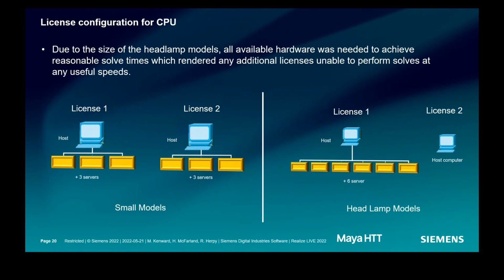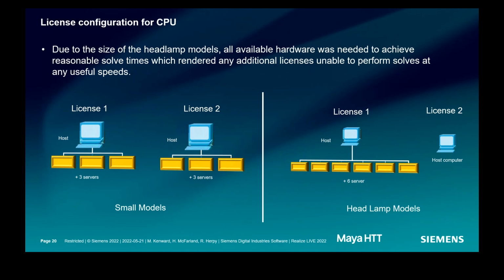Additionally, something to mention with the CPU solver method: if you consider a department that might only have 2 of these licenses, you would possibly need to split your resources to have them both functional, similar to the small model method on the left, where each host machine had 3 servers doing it.